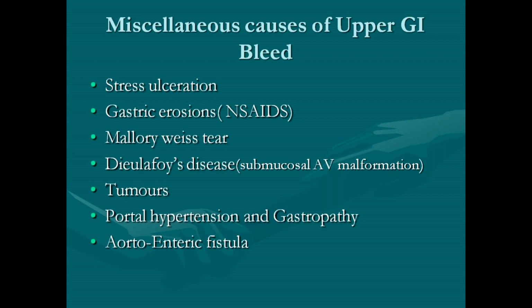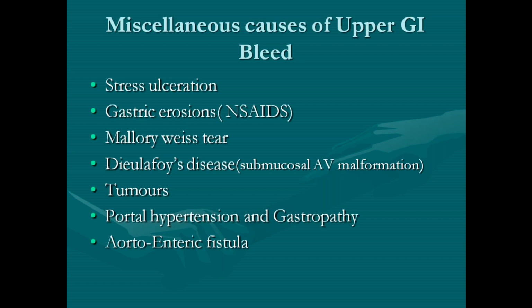Then comes the aortoenteric fistula, last but not the least. Always, when nothing is made out, you have to make a differential diagnosis of aortoenteric fistula also, and remember it. That is, there is a communication between the bowel and the aorta.